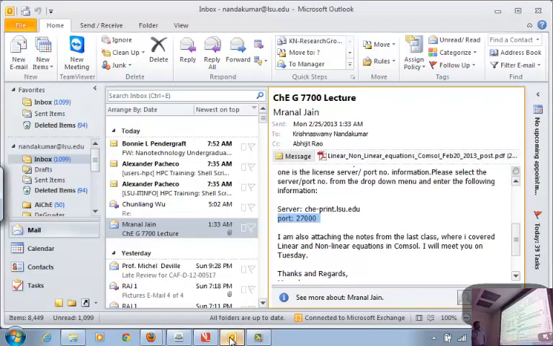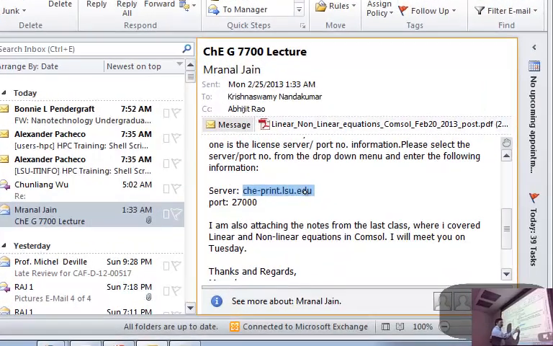There are two CDs that are in circulation for installing COMSOL on your own machine, and when you are installing it, it will ask you for two pieces of information. One is the server, which is this address, and the other one is the port number, and you must enter this, and then it will check against the license, and you'll be able to use COMSOL on your local machine, as long as you are on campus.